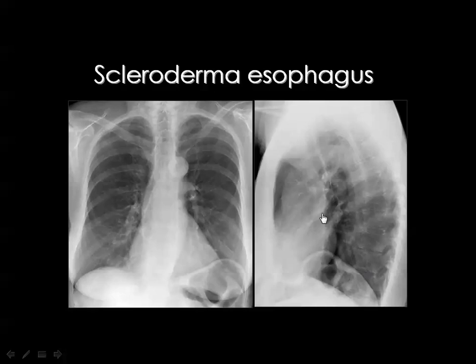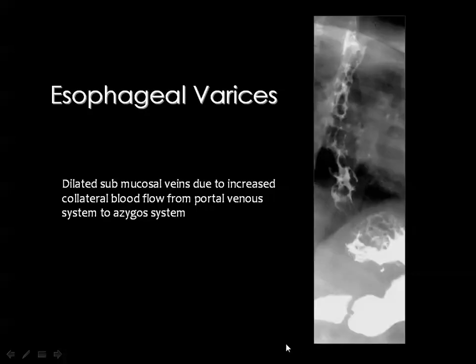But if you see this finding, especially in the lateral view, you can assume the possibility of scleroderma, and you can confirm this by the presence of other stigmata of scleroderma, in the skeleton or the skin for example, or by endoscopy.